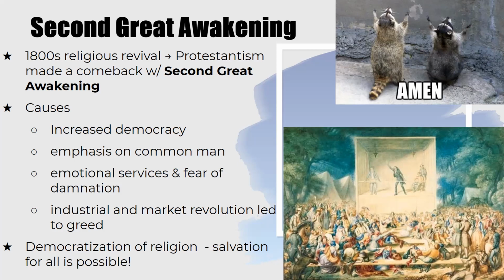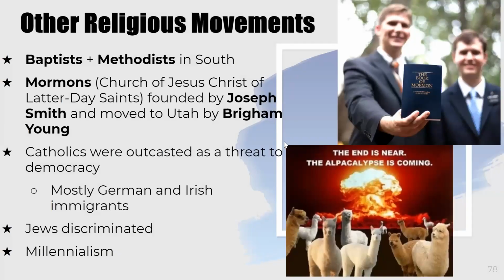The fact that people in the Jacksonian era feel like they have more power gives them more motivation and more confidence to feel like they can take their religion into their own hands. So yeah, it's very reminiscent of the First Great Awakening, with a lot of similar causes and effects.